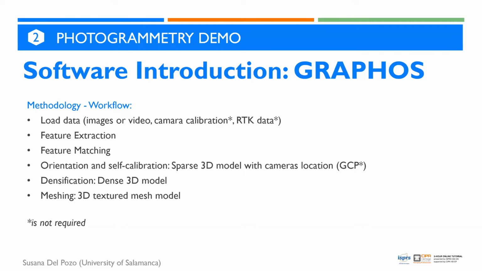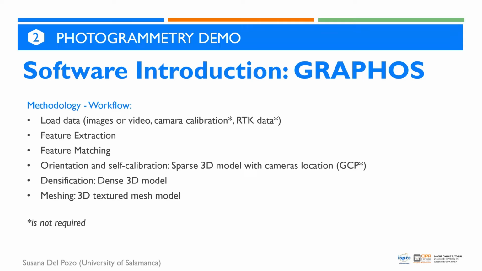Then we continue with the feature extraction and feature matching. I wanted to say that feature extraction and feature matching sometimes is an opaque method, and we only have the possibility to push the orientation button. In this way, we have total control of the feature extraction, and then, of course, we continue with the orientation itself.